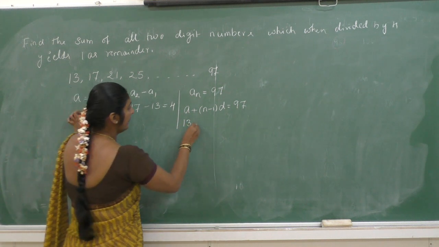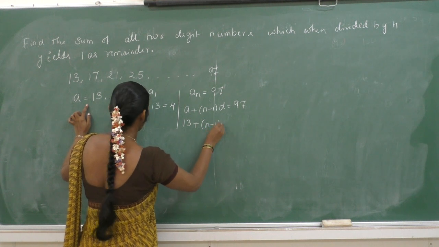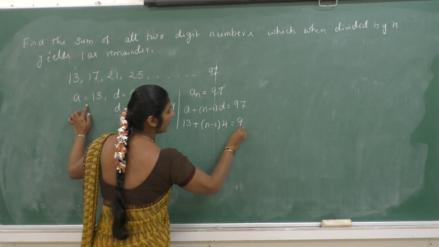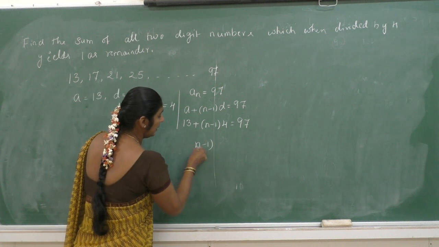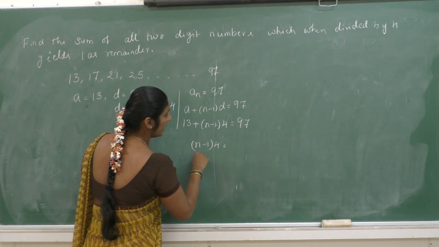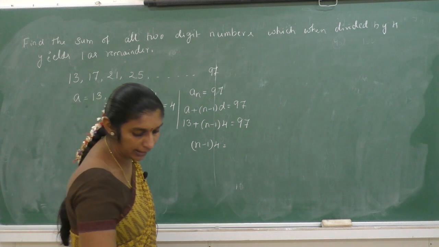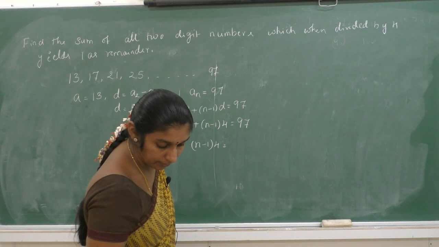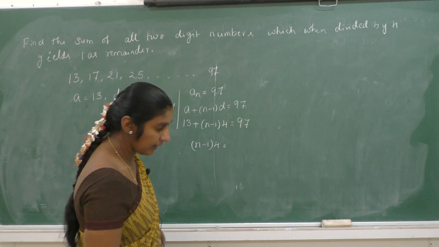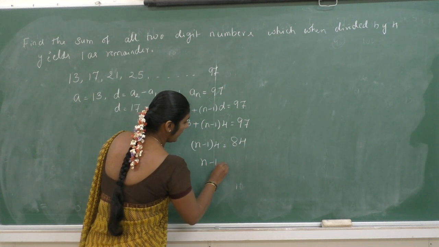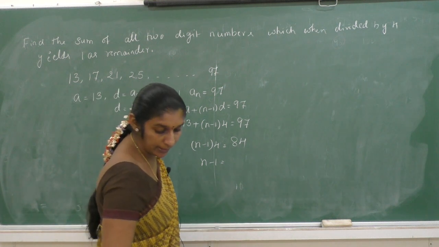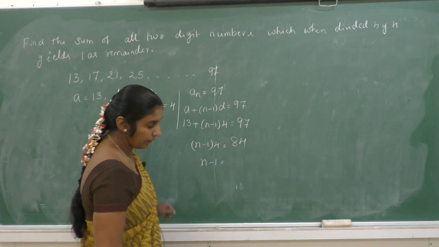13 plus n minus 1 into the common difference 4 is equal to 97. So we get n minus 1 into 4 is equal to 97 minus 13, which is 84. So n minus 1 is equal to 84 divided by 4, which is 21.